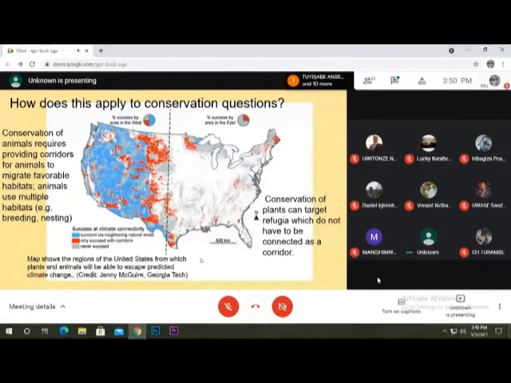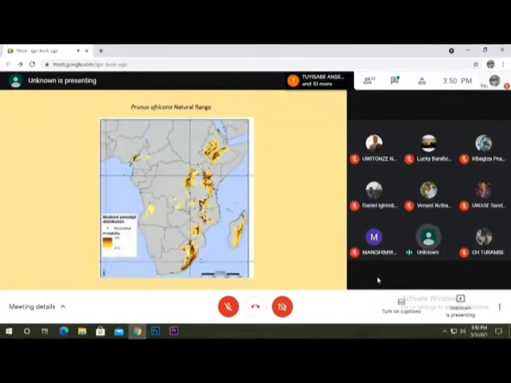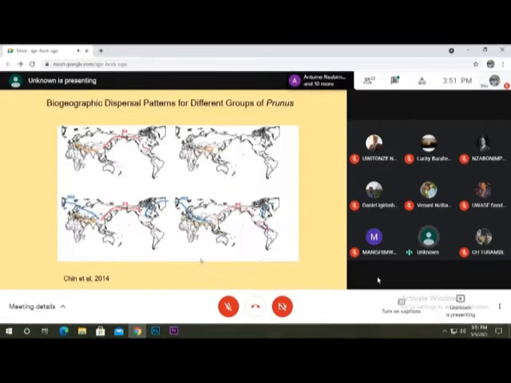Okay. So when I think about migration potentials and habitats, I think always of the mountainous areas in Africa. I love this because somebody actually has a model of what the natural distribution of Prunus africanus would be. And I find this interesting because, again, I work with Prunus, fossil Prunus and fossil Rosaceae.